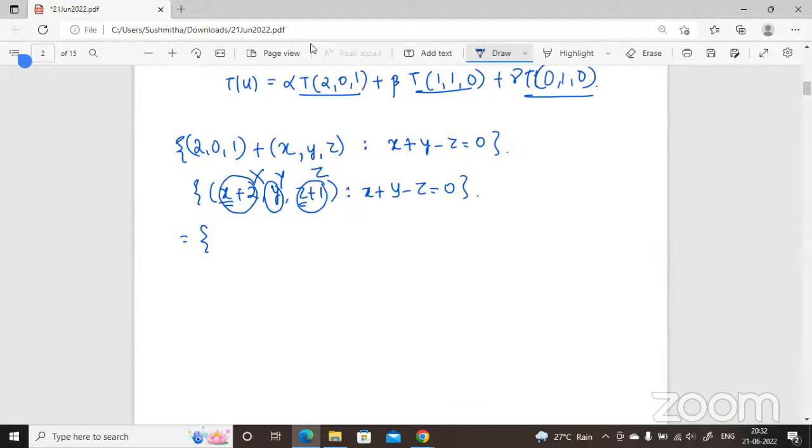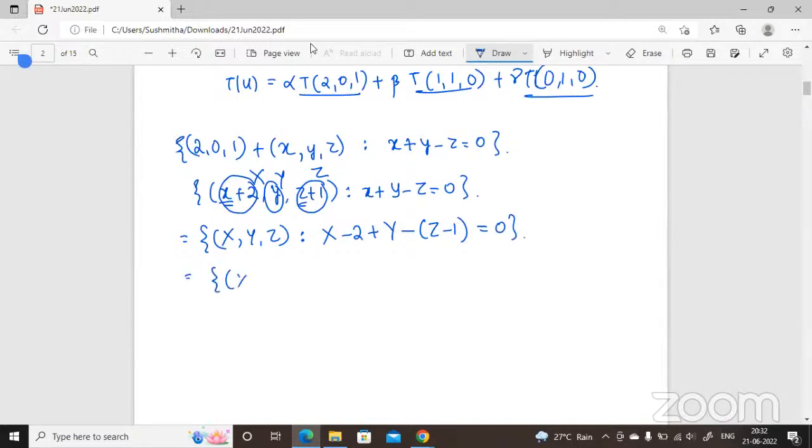So now what is x? Capital X. Now I'm looking at the set of all capital X, Y, Z such that small x is X minus 2, small y is Y, and small z is Z minus 1, satisfying x plus y minus z equal to 0.